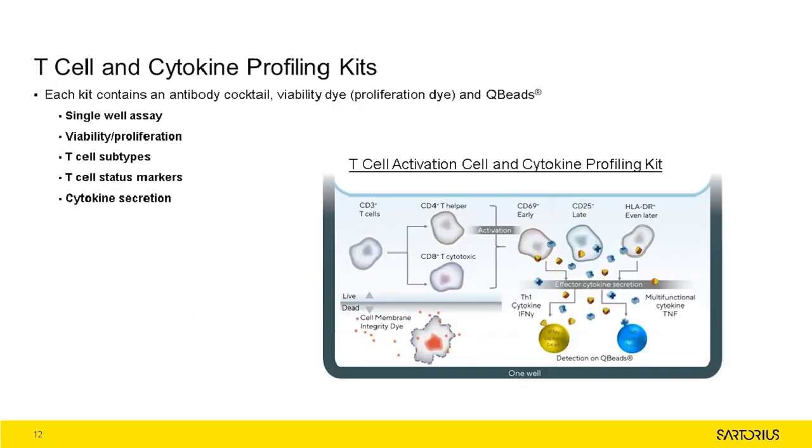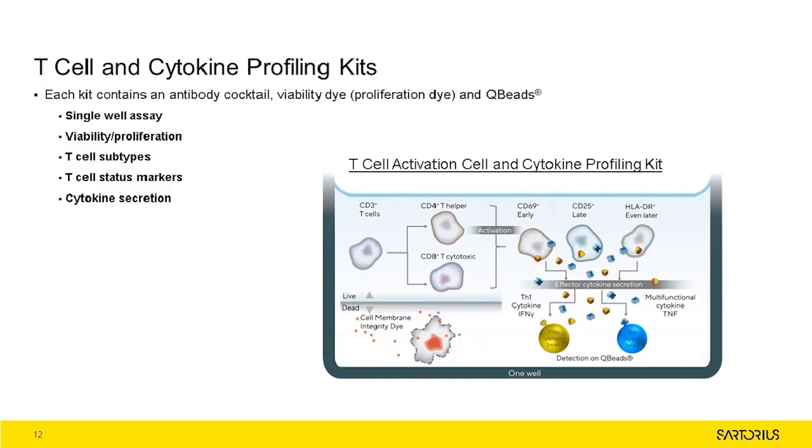These are single-well assays which give the following readouts of viability, proportions of T-cell subtypes, T-cell status markers, and cytokine secretion. The kits include an antibody cocktail mix and viability dye, which are added to samples for labeling.